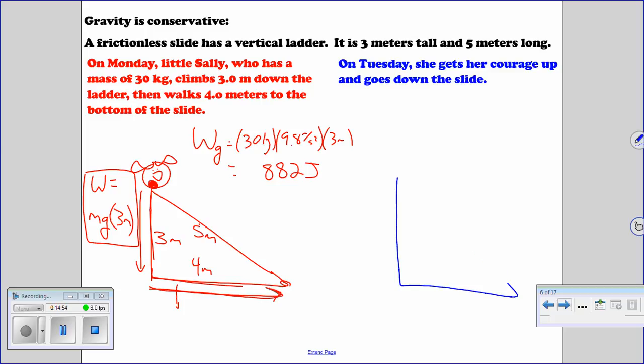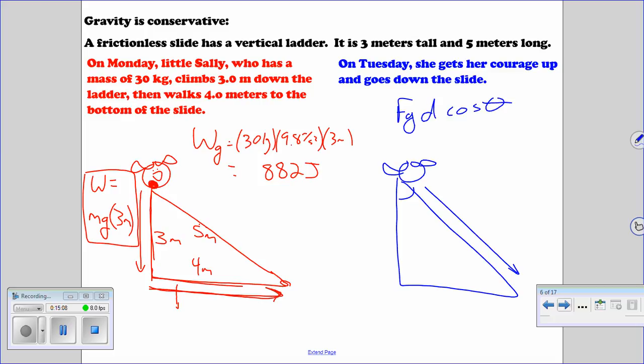So the next day she gets up some courage and she goes down the slide. If you figure out the work done by gravity, again, you end up getting Fg times d times the cosine of theta, right? Our Fg is going to be 30 kilograms times 9.8. Our d here is the 5 meters.